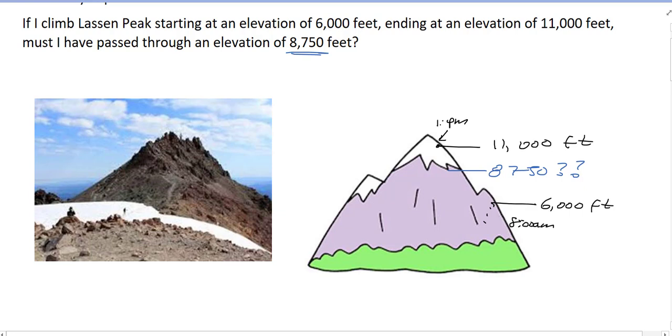And then my f of C is 6,000 to 11,000 feet. My elevation at 8 a.m. is 6,000 feet. My elevation at 1 p.m. was 11,000 feet. So somewhere between 8 a.m. and 1 p.m., I have to have crossed 8,750, because this is a continuous path on my closed interval.